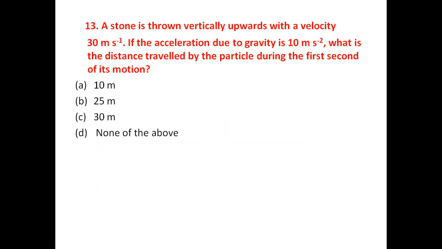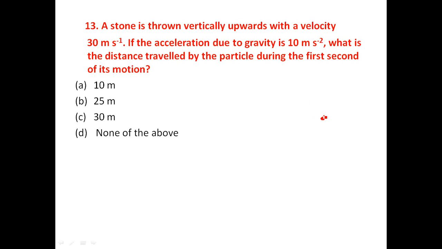Moving on to question 13. This time the stone is thrown vertically upwards. I'll read out the question. The stone is thrown vertically upwards with the velocity of 30 meter per second. If the acceleration due to gravity is 10 meter per second square, what is the distance traveled by the particle during the first second of its motion?